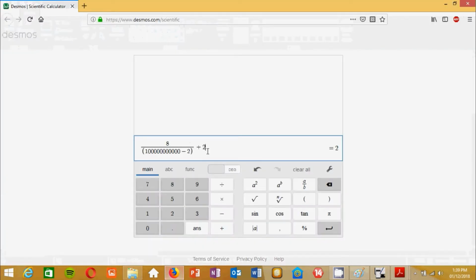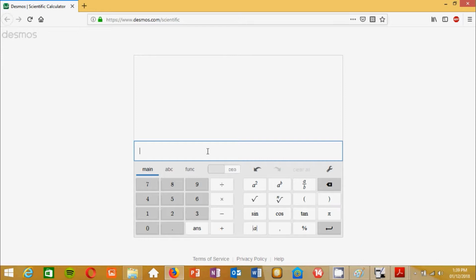Let's see this again on our cool Desmos.com calculator here. Thank you, Desmos. So, divide this by 100. 0.04. Let's increase this. 0.004. Okay, it's going to give you this in standard form.